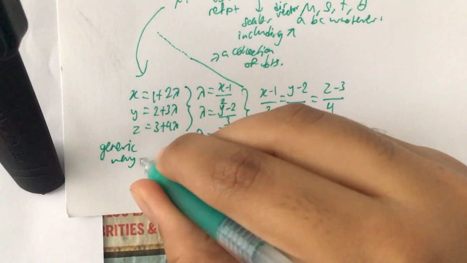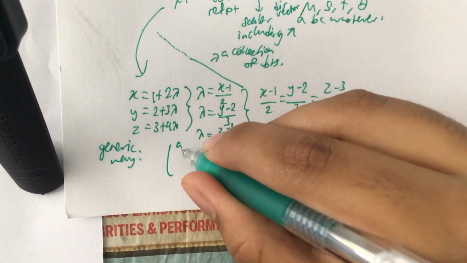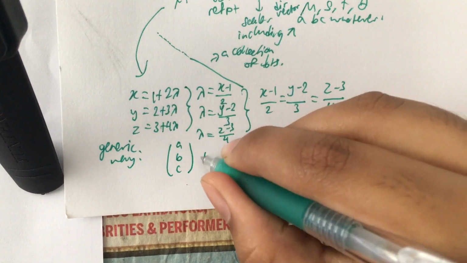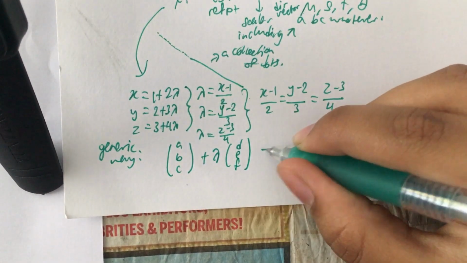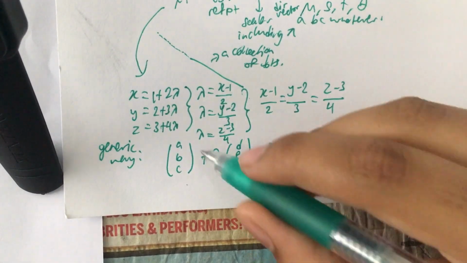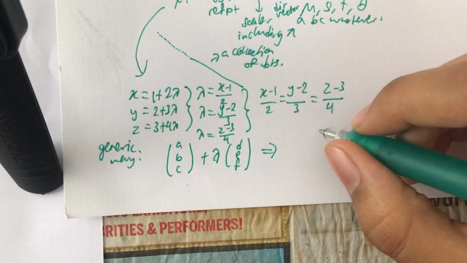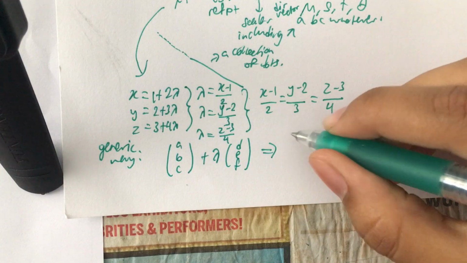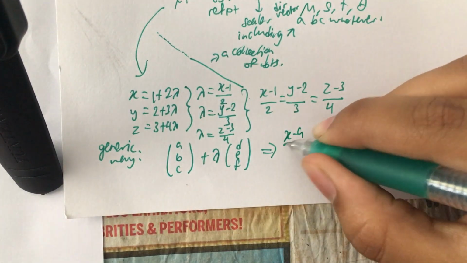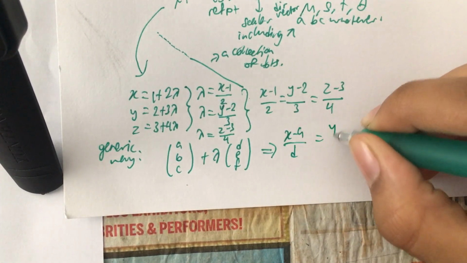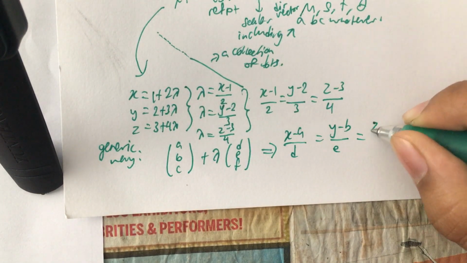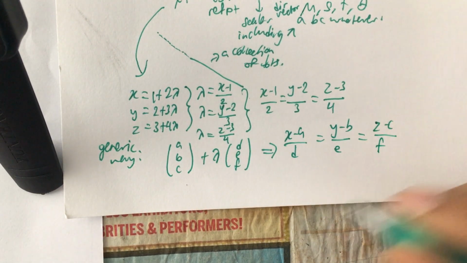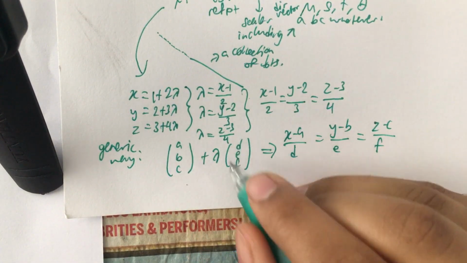Actually, you don't need to go through this complicated, elaborate way of doing it. You can do it straight away. You can convert between the two forms if you know how it works. For example, if you have your position vector 1, 2, 3, and you have the direction vector 2, 3, 4, then when you have x, y, z, you have to write x minus the thing that's in the position vector, over the thing that's in the direction vector.